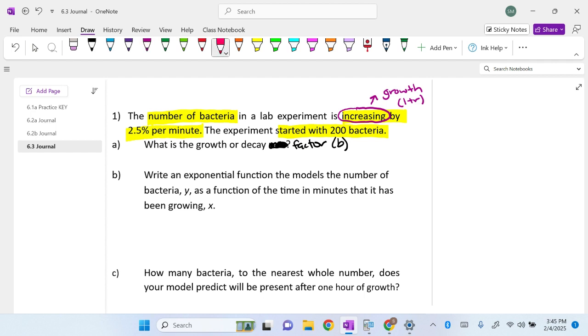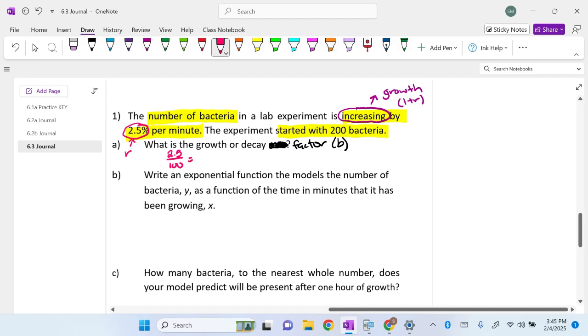We also need to determine what our R value is, which is right here. It's the percent by which we are growing, or 2.5%. So that's my R value. Now, I need to convert that R value to a decimal. So do 2.5 divided by 100, and you get 0.025.